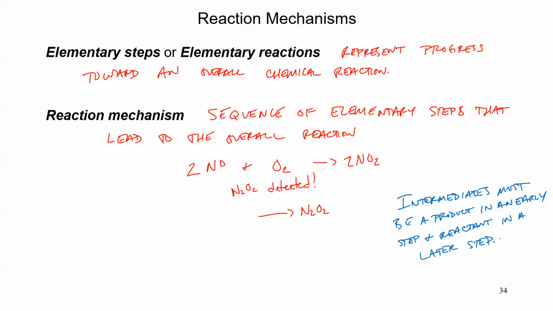Because those intermediates have to get used up, we have to make them at some point early in the overall reaction, and use them up later on in the overall reaction.